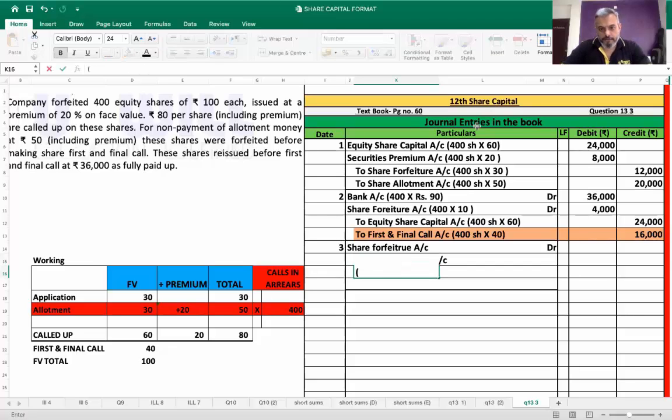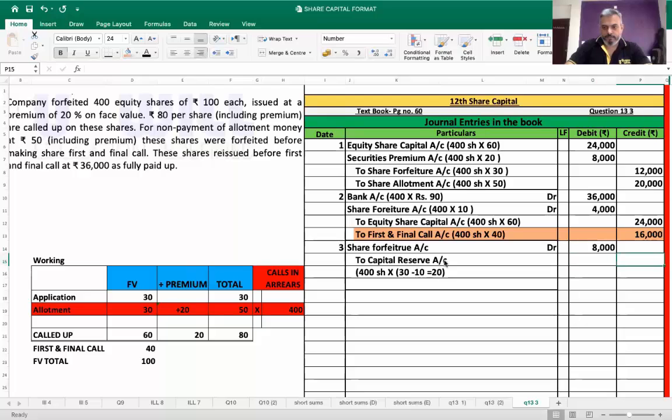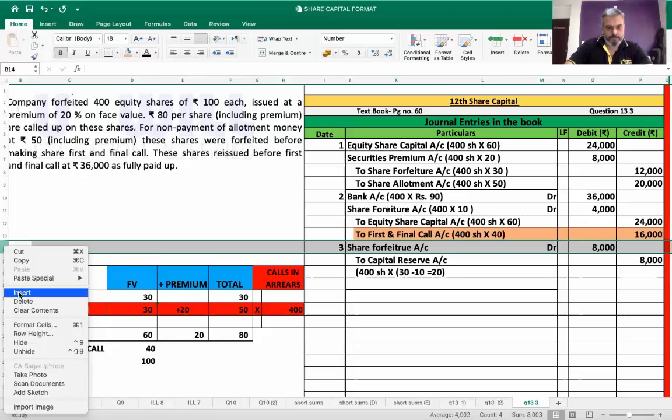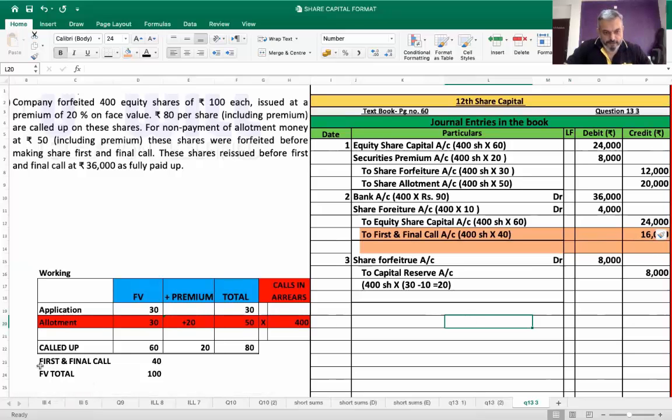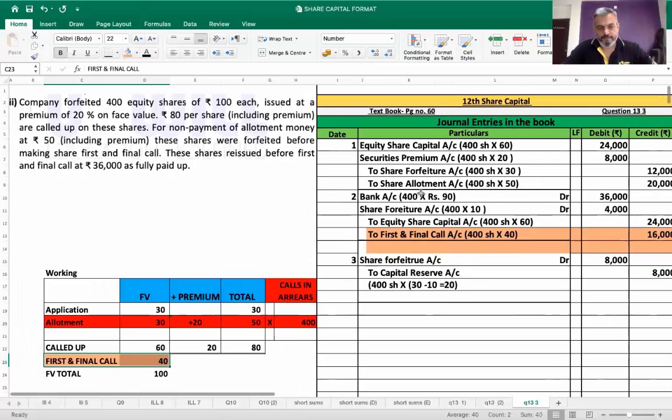Now you can directly do 12,000 minus 4,000, 8,000, or you can do 400 shares into 30 forfeited, 10 discount given, which is equal to 20. So that will come to 400 into 20 is 8,000. This first and final call we have not yet called, so this is calls in advance.